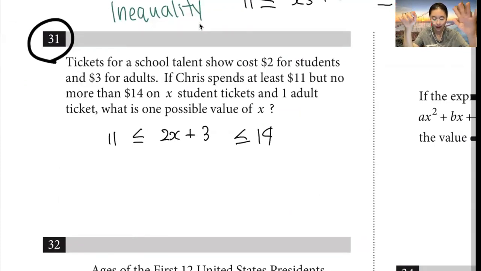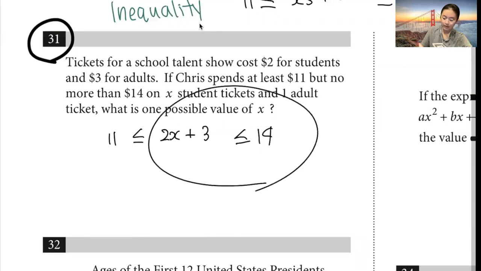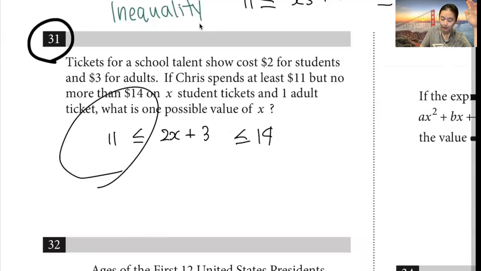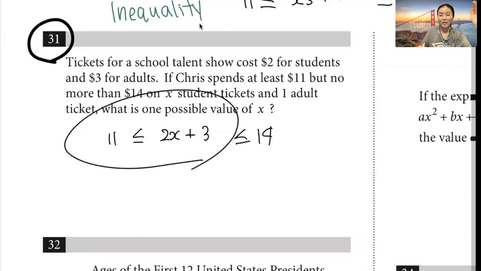Because this is an inequality that involves two values, 11 and 14, it's in between the two. So even if you solve for the right-hand side, you don't know the limit for the left-hand side. This side doesn't give you the whole picture. You need this in order to understand the limit and the possible value of x.